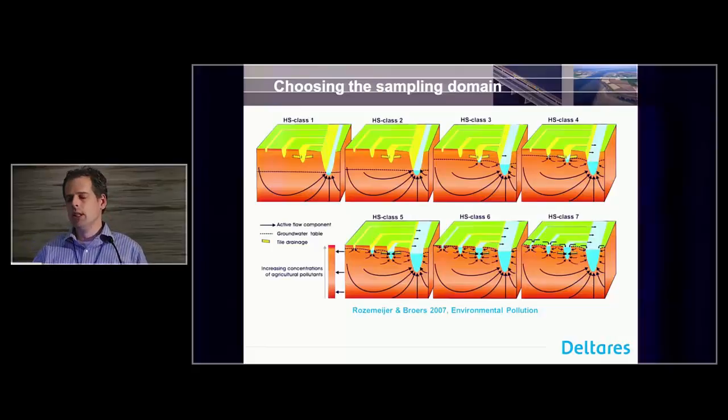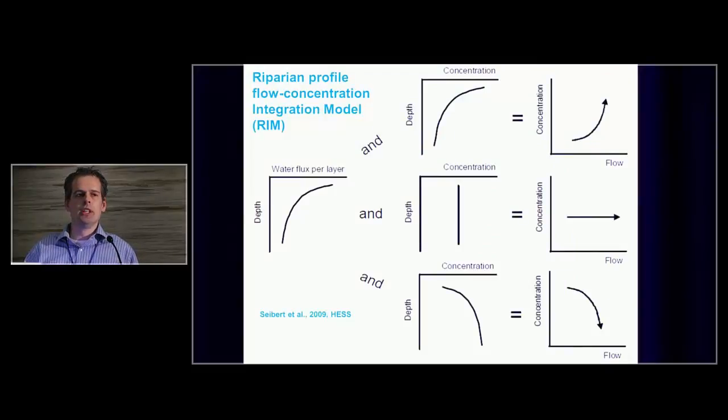And when you go to more wet conditions, then also the less deep flow routes start to contribute to the surface water, and you can see that in the surface water chemistry. Because usually the upper groundwater has a different quality than the water deeper, because usually it's older, it's cleaner, it's purified a bit by the soil passage. So this is used in a more quantitative way by Seibert.